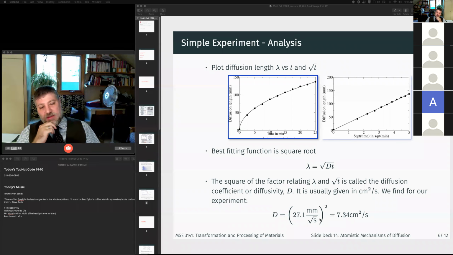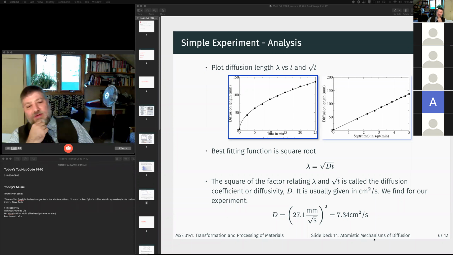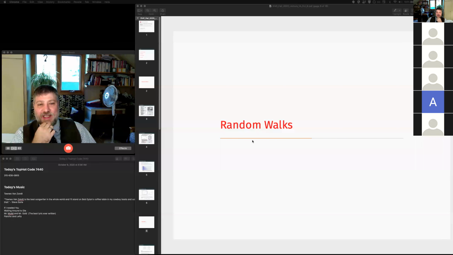The units always confuse people because we have the relationship here, length equals square root of Dt. So the diffusivity has to have units of centimeters squared per unit time. We'll talk about where these units come from and how to interpret them next week. Right now I'm just trying to motivate some key ideas here.